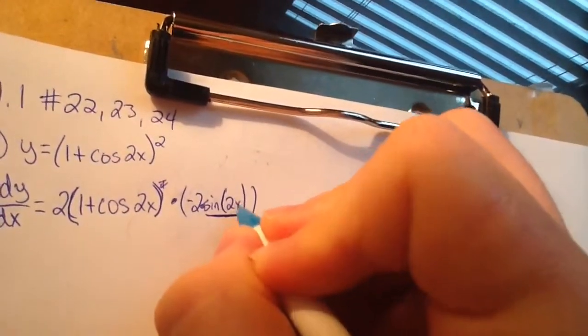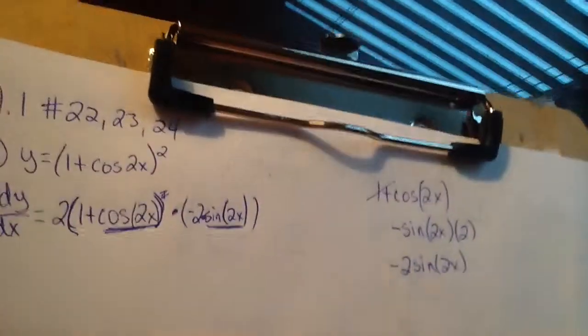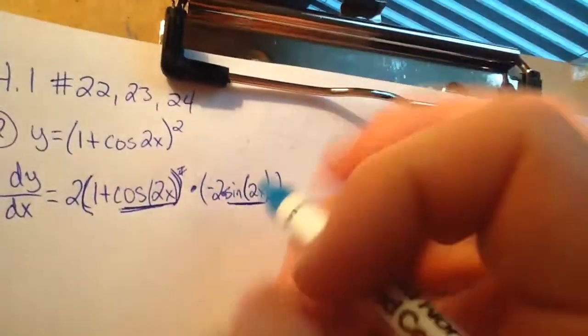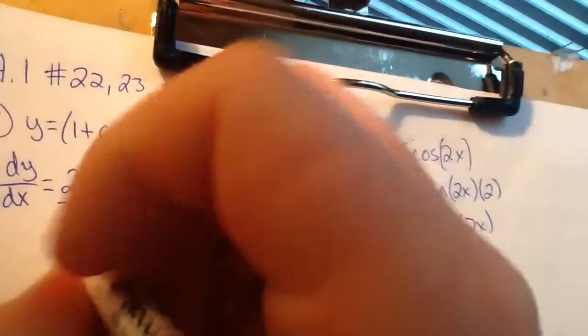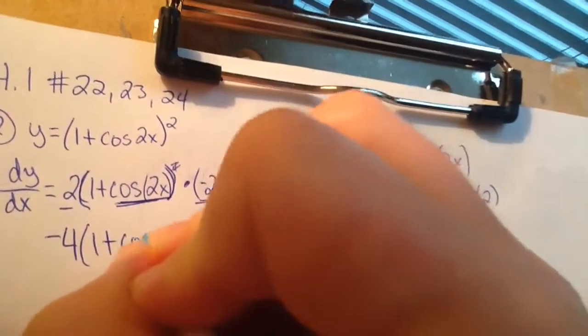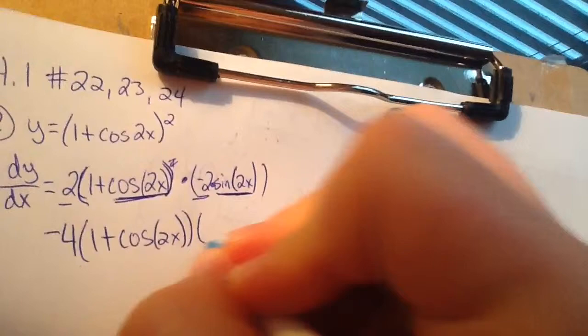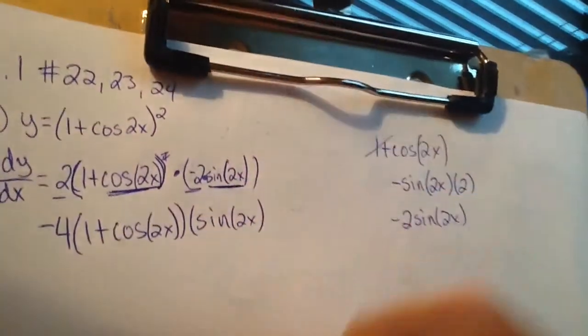Times negative 2 times. So remember, you can multiply stuff in any order. Sine always stays with that. Cosine always stays with that. Put parentheses around that if you like. The only thing I really want to do, I got a negative 2 in front, and this 2, let's just multiply those. I have 1 plus cosine 2x times sine 2x.